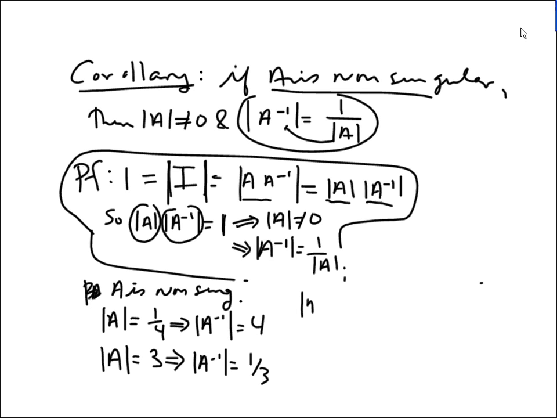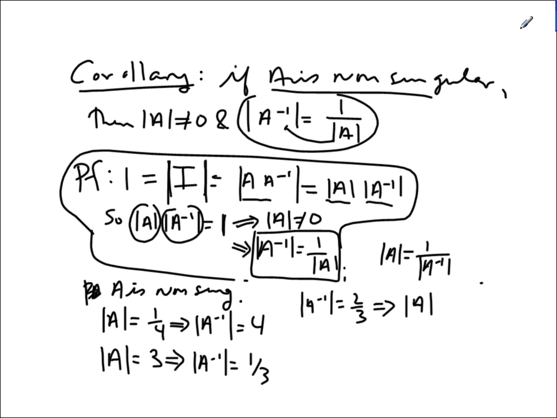If I tell you the determinant of A inverse is 2/3, that implies the determinant of A is the reciprocal. The determinant of A is 1 over the determinant of A inverse. If two quantities are equal, then their reciprocals are equal.